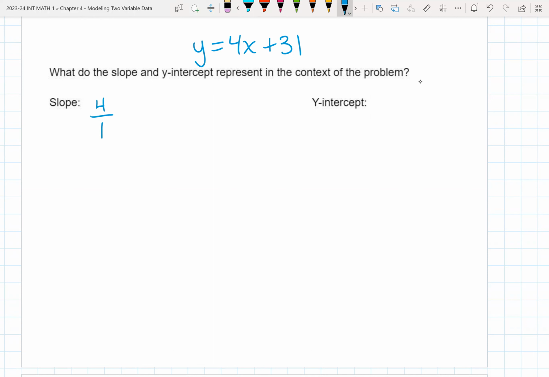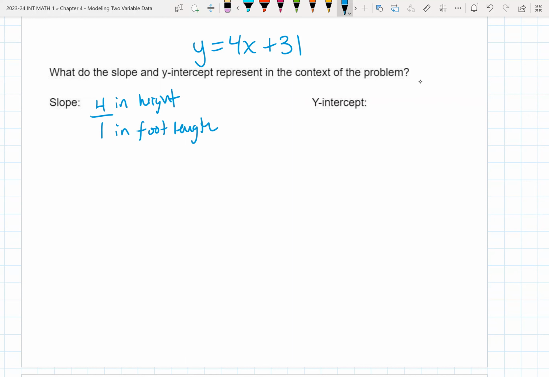Remember, slope is change in y, and y is height. So 4 inches is referring to our height. And x is our foot length. So if we say this out loud, we would say something like, a person's height is increasing 4 inches for every 1 inch in foot length. And we would just write that as a sentence.